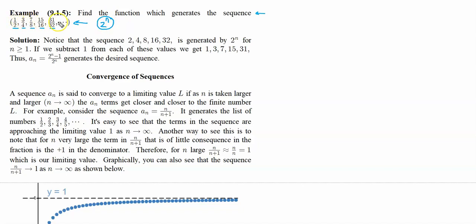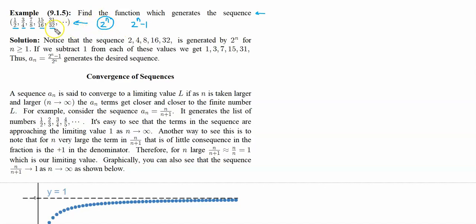Now the numerator, 1, 3, 7, 15, 31, you see all of these are just one number less than the numbers in the denominator. So the numerator is going to be generated by 2 to the n minus 1.